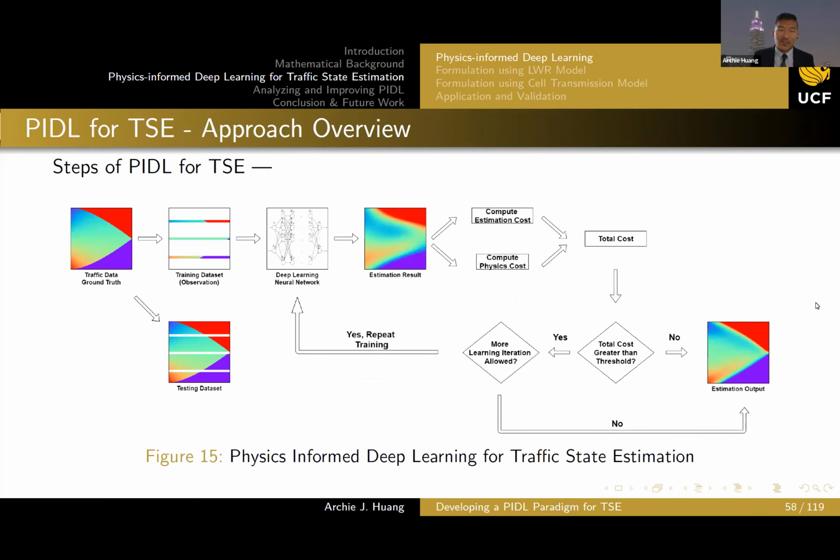So here is a flow chart of physics-informed deep learning for traffic state estimation. On the left, we first see the training data set, which is the observations. This figure uses these 3 horizontal lines to depict the traffic data being captured by, for instance, loop detectors, which are stationary, buried under the road surface, collecting data.